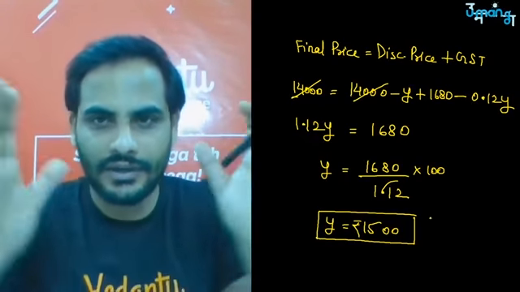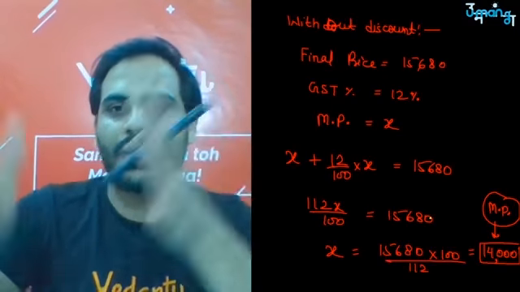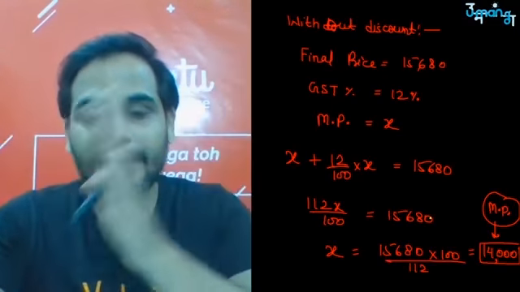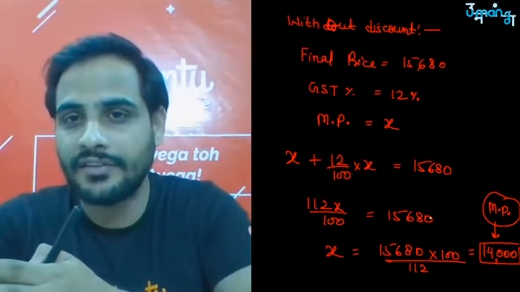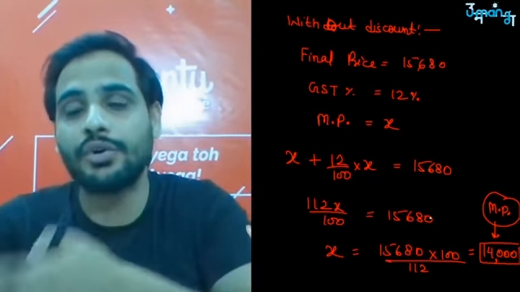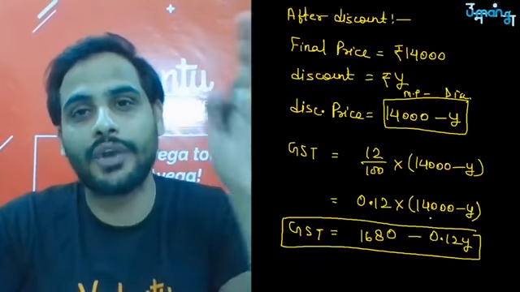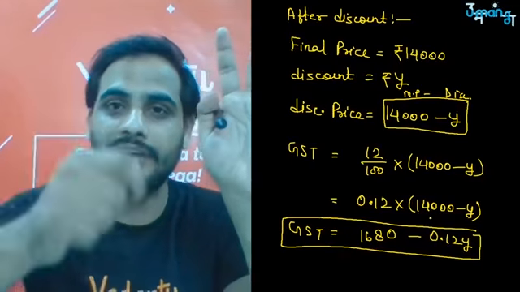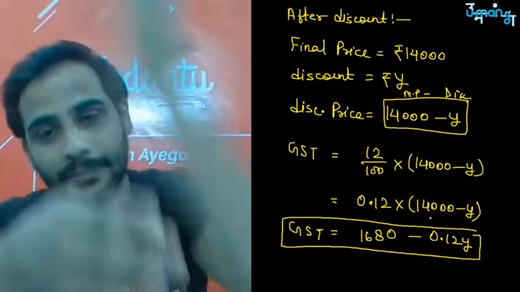Is it clear? So understand again why you have to break this question step by step. Earlier, mark price is not given, inclusive price is given. So let us say mark price is X. Then the discount will be 12 percentage of X is equal to the final price. So you got to know your mark price. Now this is the price which finally Gagan has paid, inclusive of the discounted price plus GST.